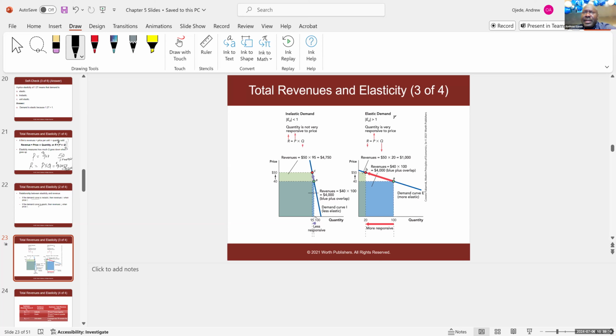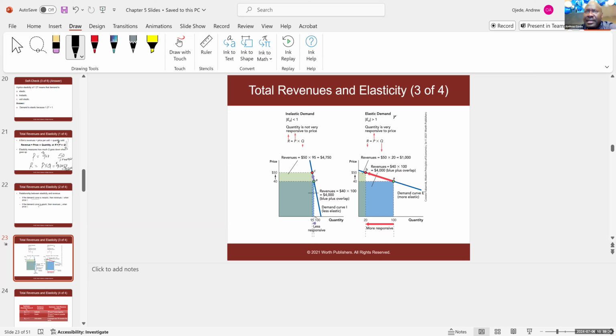Quantity demanded might decrease by less than 1%. But if the demand curve is flat, the flatter the demand curve, remember, the bigger the slope. That means any increase in price is going to trigger a disproportionately larger decrease in quantity demanded. So you lose revenue here.